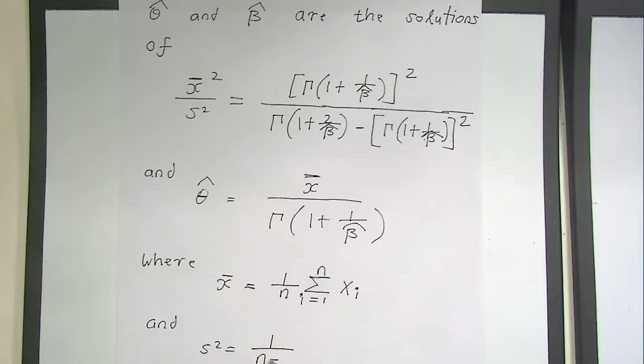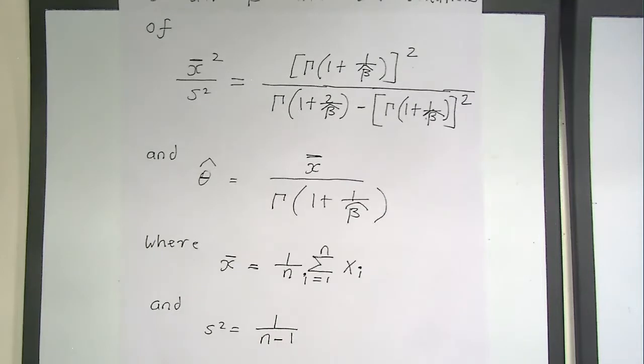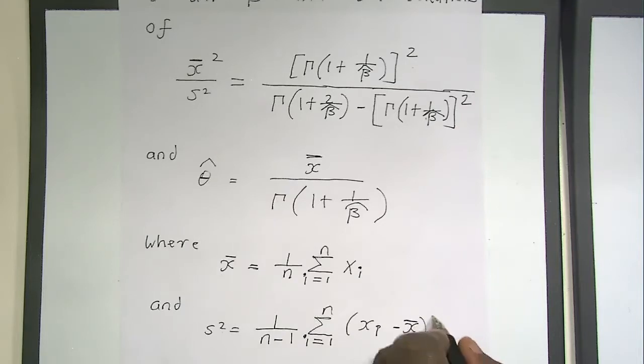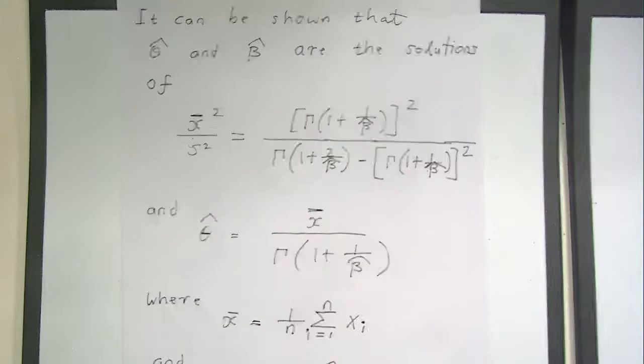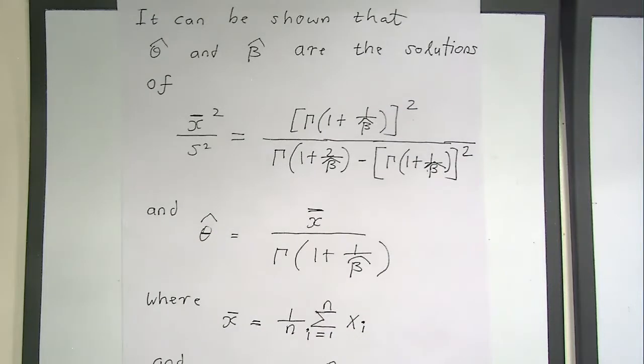When I say sample variance, you need to divide by n minus 1, not n. Anyway, you don't need to know the proof of this, but if you can prove it, that would be good.